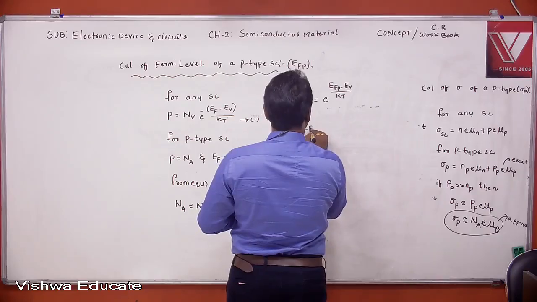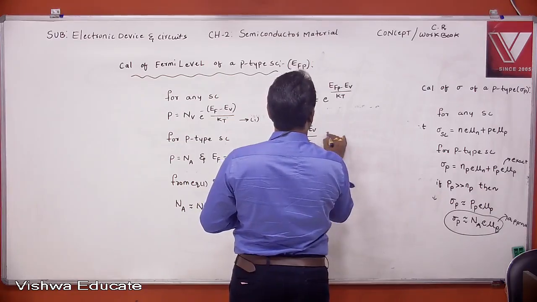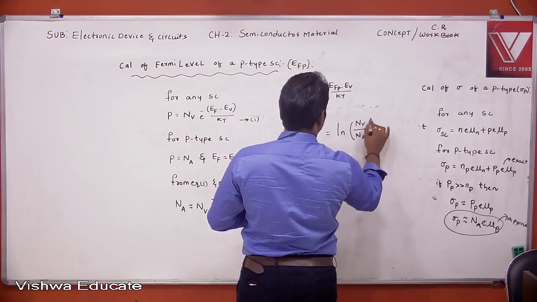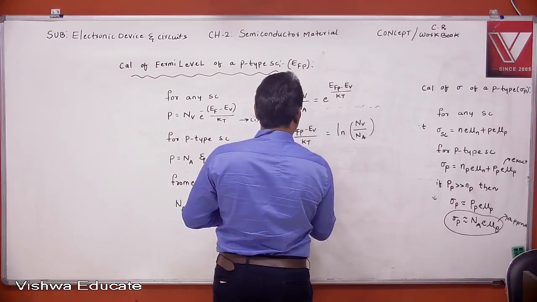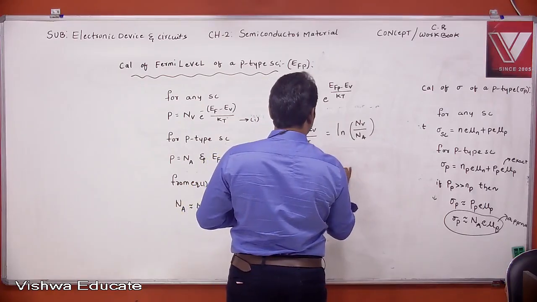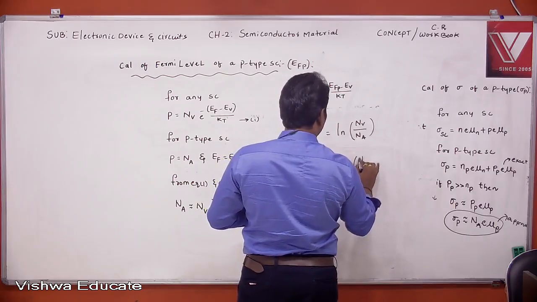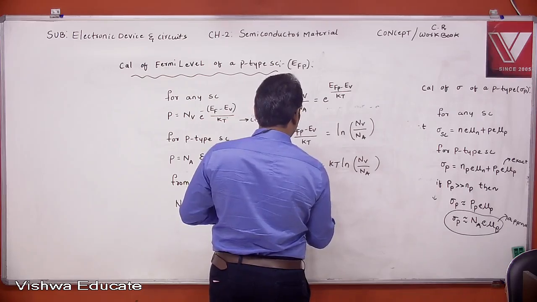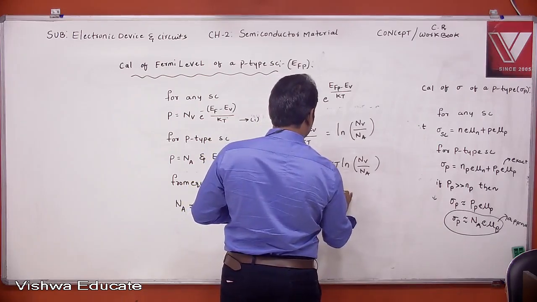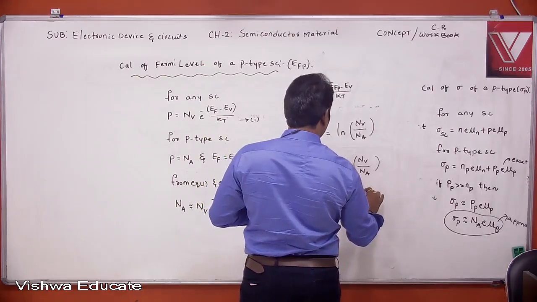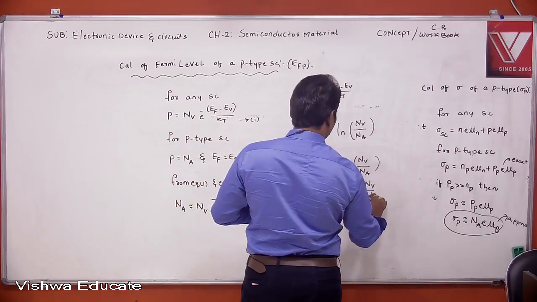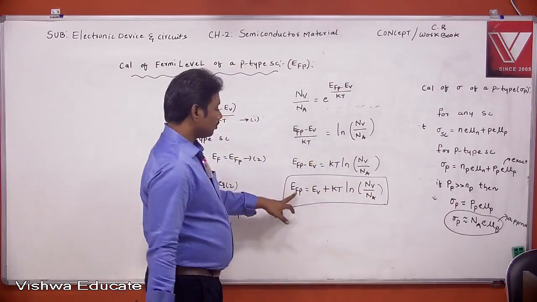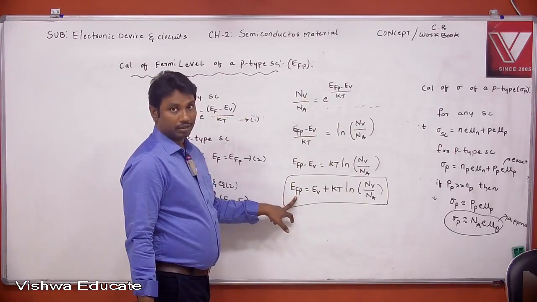EFP minus EV by KT is equal to ln of NV by NA. Now EFP minus EV is equal to KT into ln of NV by NA. Now EFP equals EV plus KT ln of NV by NA. So this is the equation for calculation of Fermi level of a p-type semiconductor.